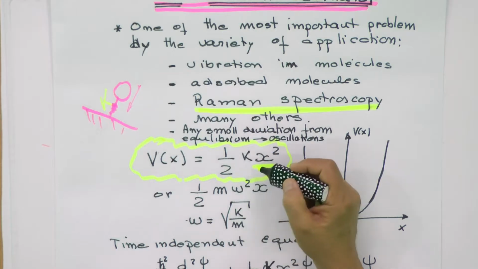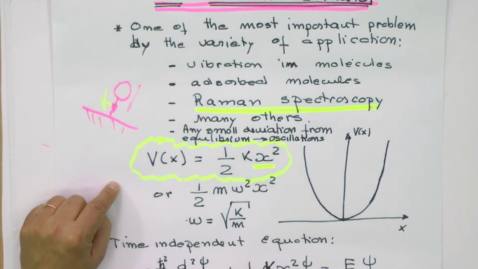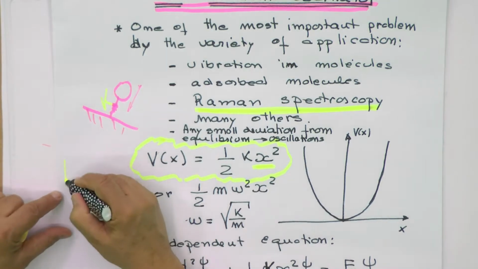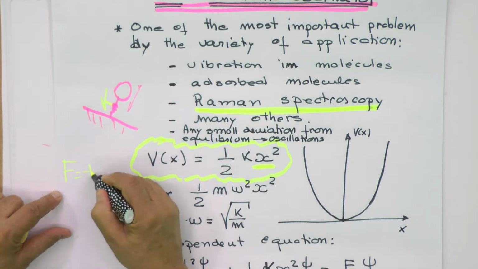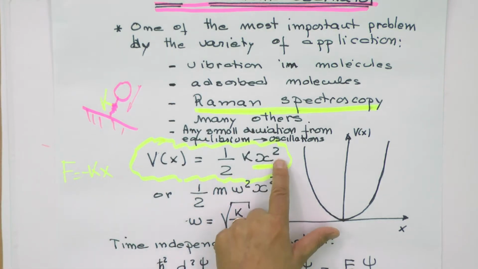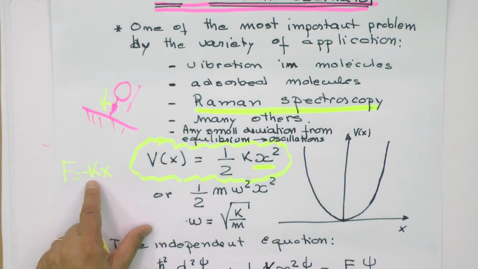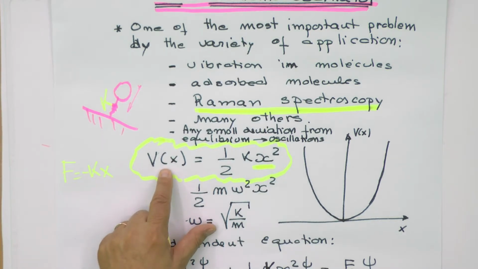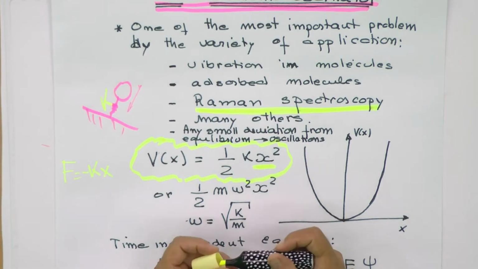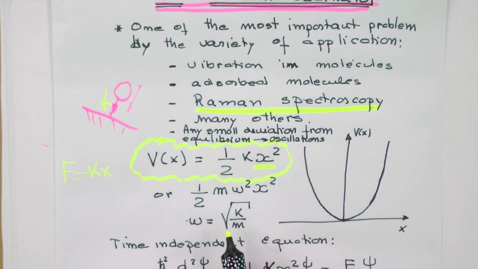And it's half of it, because if you take the derivative with the minus sign, you get the force, and the force this corresponds to is equal to minus kx. The two cancel, and you get a minus, because the force is minus the derivative of the potential with respect to the coordinate. So this is the potential we have.